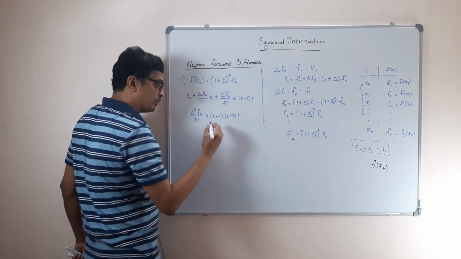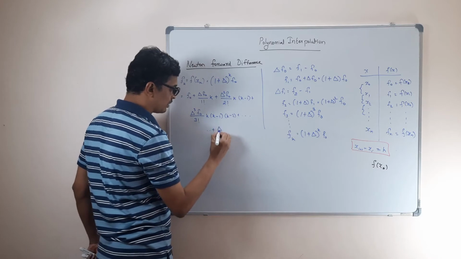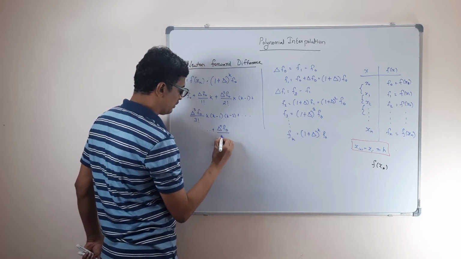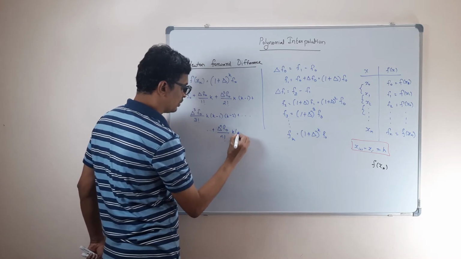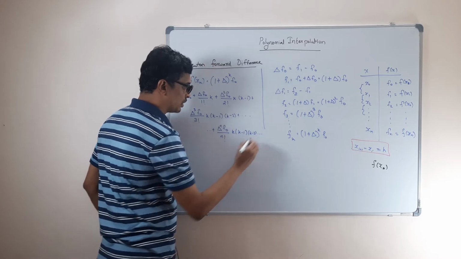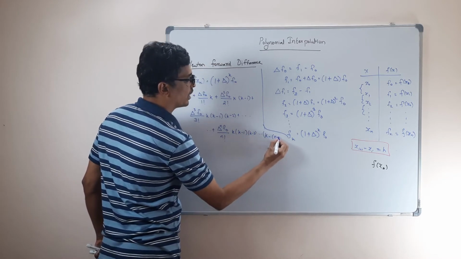Right up to n, we have delta power n f0 divided by n factorial into k into k minus 1 into k minus 2, it goes on, and the product will stop at k minus n plus 1.